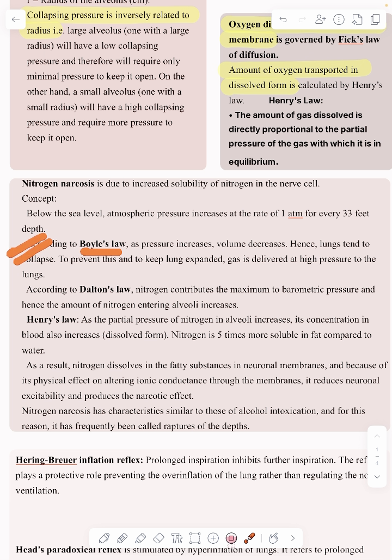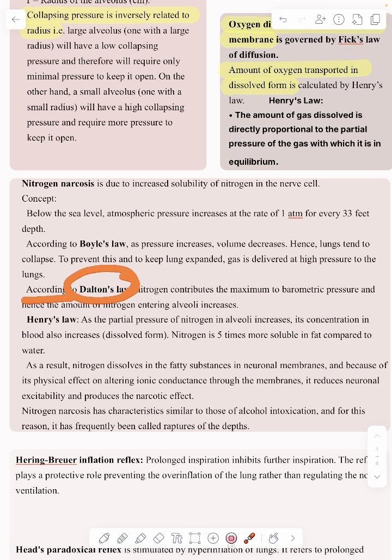According to Boyle's law, as pressure increases, volume will decrease. Hence, lungs tend to collapse. To prevent this, to keep lungs expanded, gas is delivered at a high pressure to the lungs.